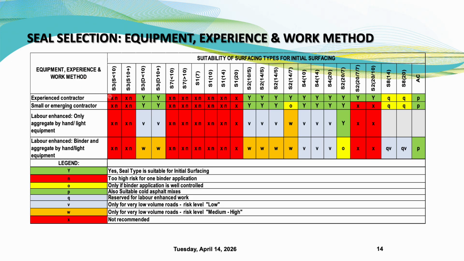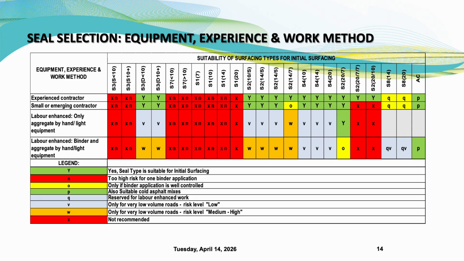We do not recommend selecting the seal types marked in red, but only those in green and possibly those in yellow or orange. In this case, W means only for very low volume roads where the risk level is medium to high, and it needs to be interpreted that way.